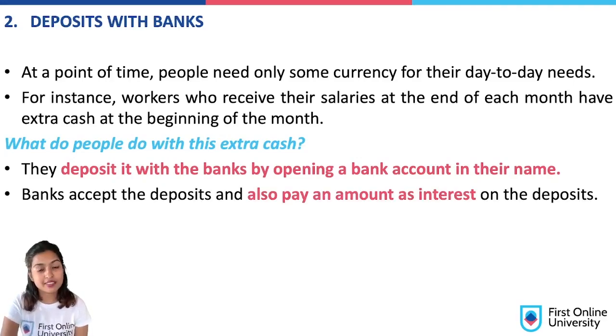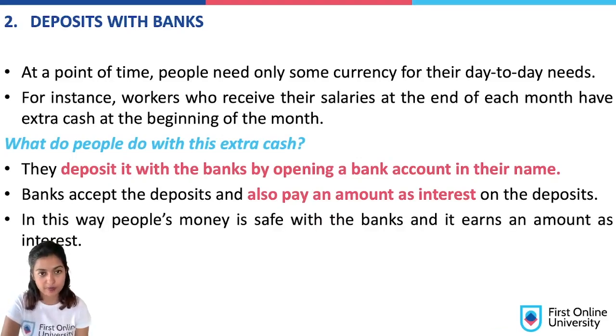When banks accept such a deposit, banks pay a certain amount of interest, suppose it may be 1% or 0.1% of the amount deposited, to the person. In this way, people's money is safe with the banks and it earns an amount as interest. So you will get back some money from the bank as well.